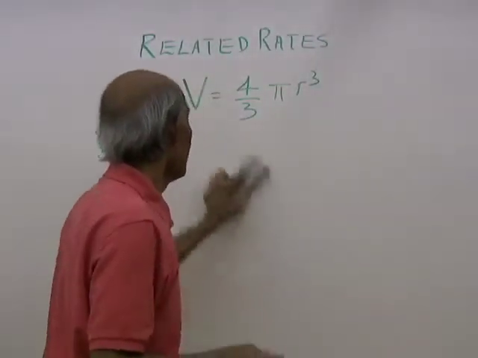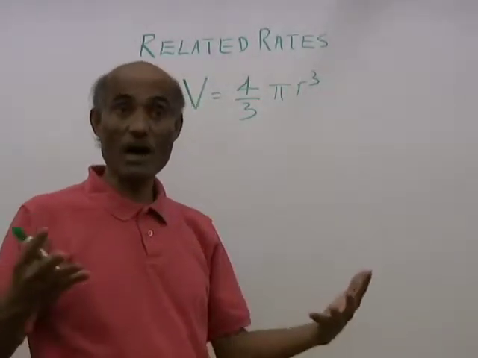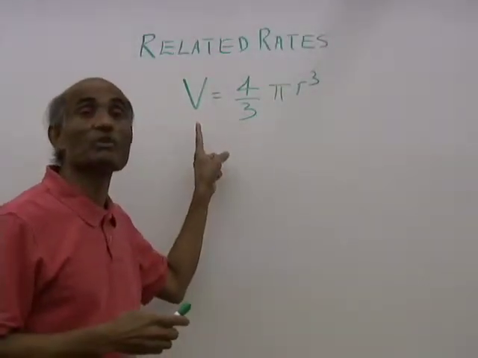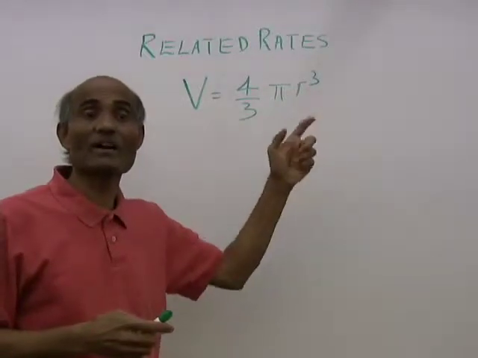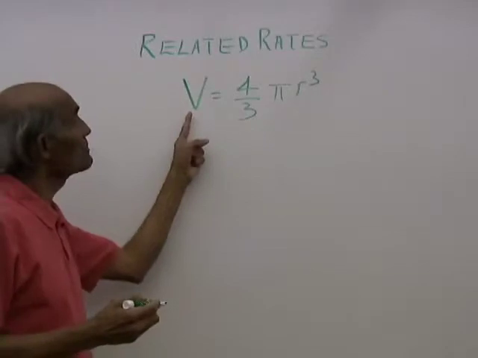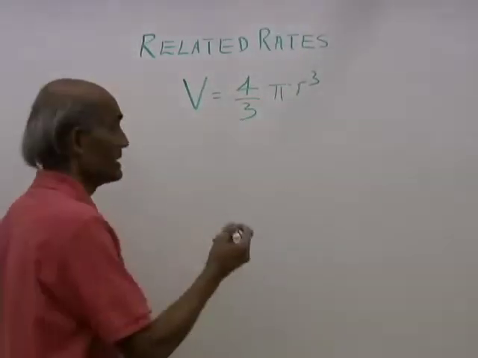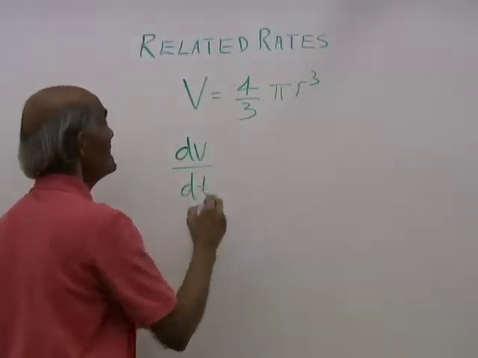Remember that both volume and radius are changing with time. So what we do is we find the derivative of the left hand side and right hand side with respect to time. Now, what is the derivative of V with respect to time t? It will be dV over dt.